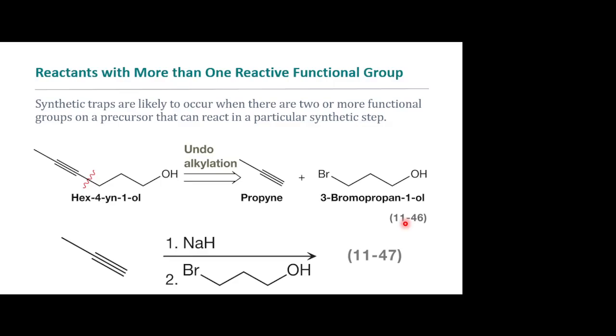Very likely to occur when you have two or more functional groups on a precursor that can react in a particular synthetic step. So for example, like an undo alkylation, this is that one we had looked at before. We'd already talked about and pointed it out. But for this undo alkylation, you might think you'd do this, right? But what happens if we actually were to try to do that?